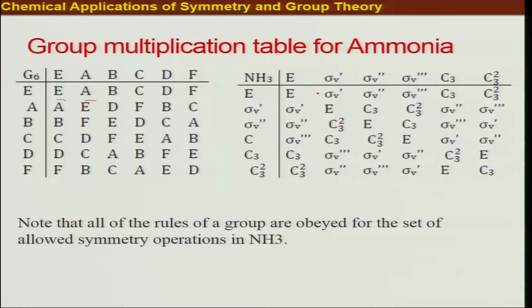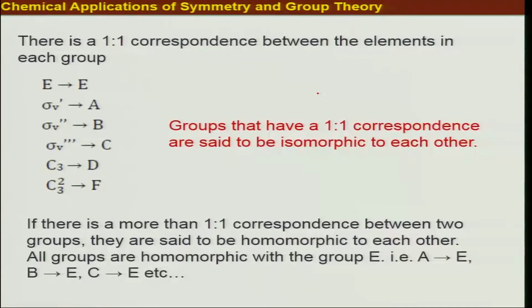What you will see is that there is a one-to-one correspondence between the elements in each of the groups. For example, identity is the same for both of them, which is not something we are surprised with. And then sigma v prime is nothing but A in G6, sigma v double prime is B in G6, sigma v triple prime is C in G6, while C3 and C3 square are D and F respectively in G6.